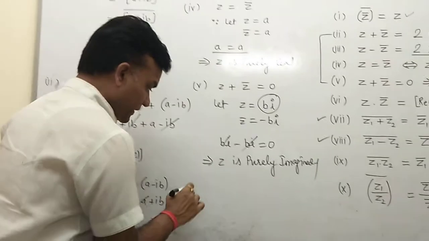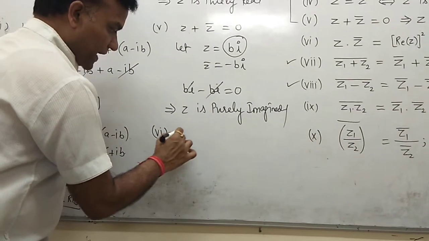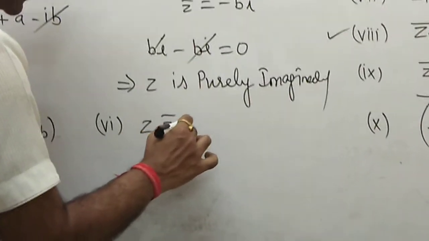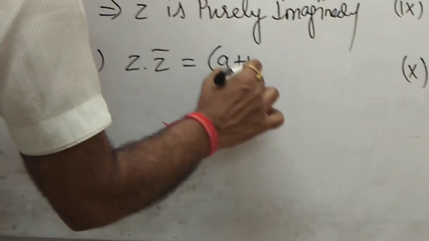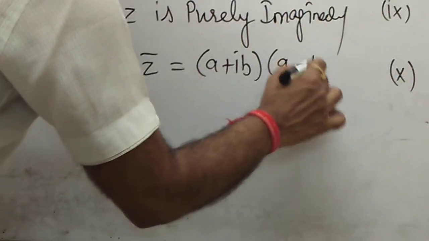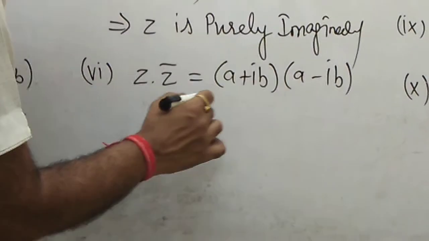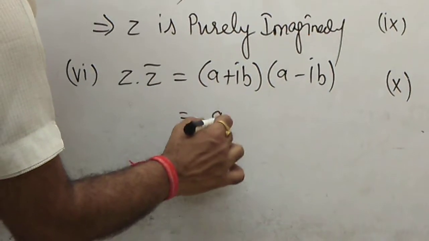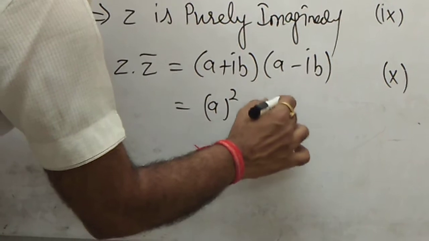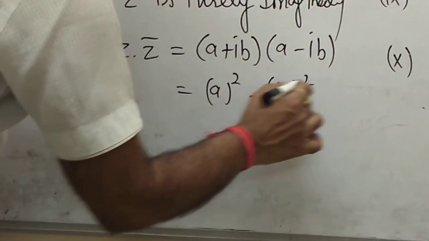Now the sixth property, here z into z bar. Now we have a plus ib and here a minus ib, because z bar is this, and now using the identity, a square minus ib whole square.